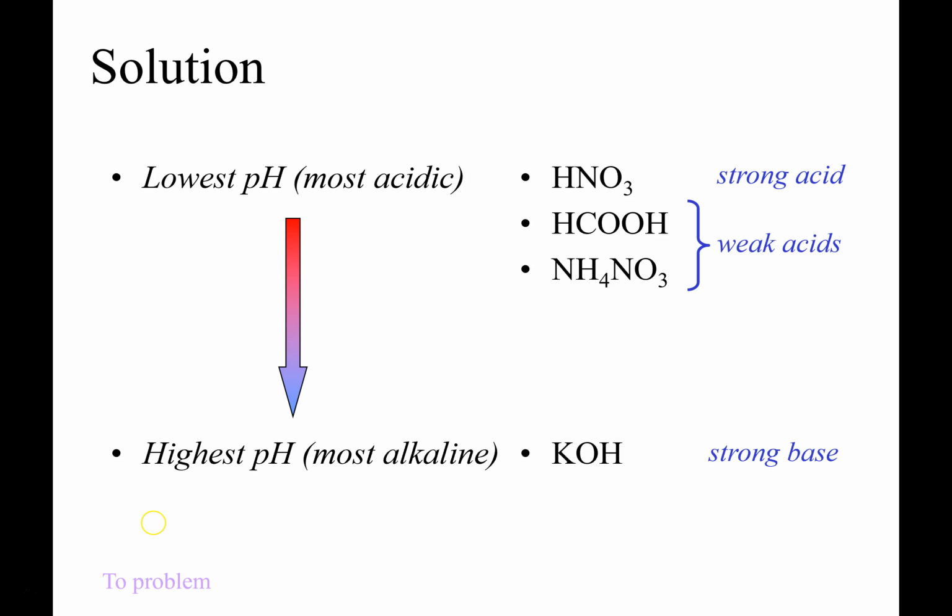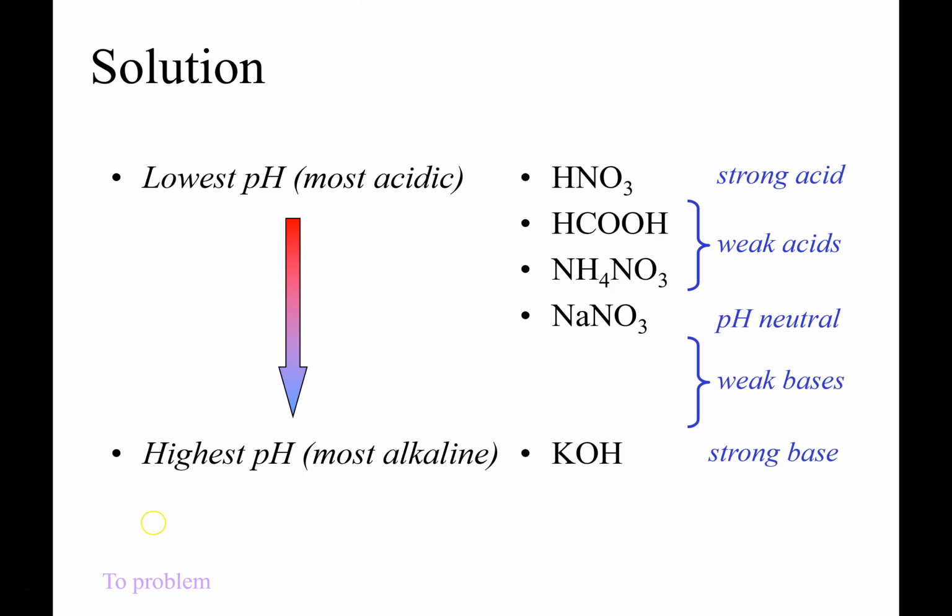Where it becomes interesting are the outright weak acid, which is this formic acid, and then the NH4 plus, which I put as the conjugate acid of the weak base. But NH4 plus is a weaker acid than the weak acid. Then we go to neutral, NaNO3. Nothing happened there, no pH chemistry.